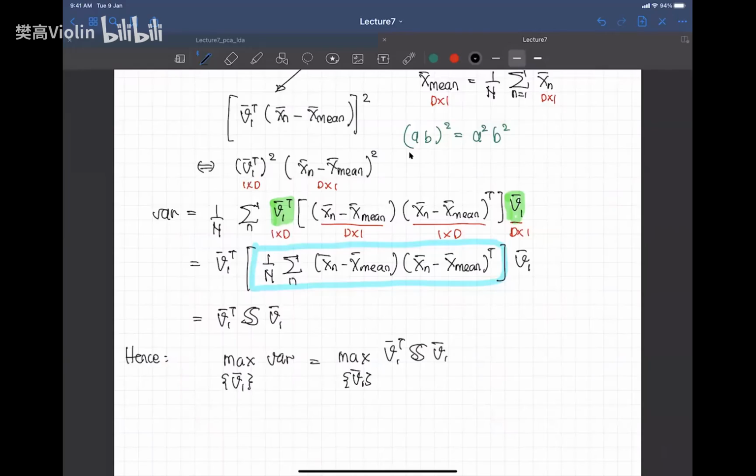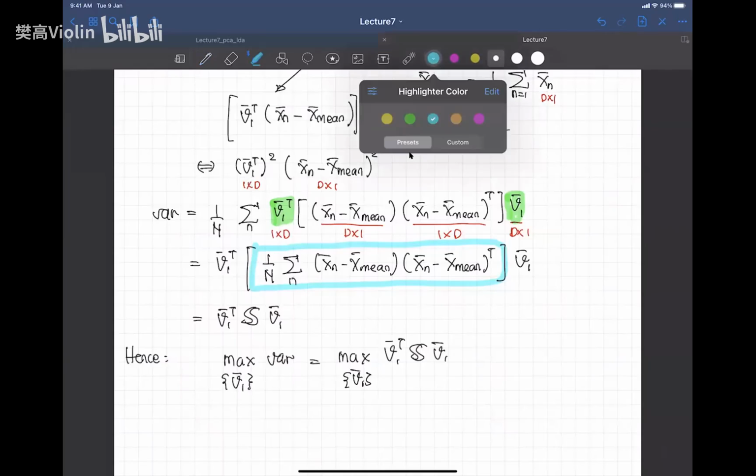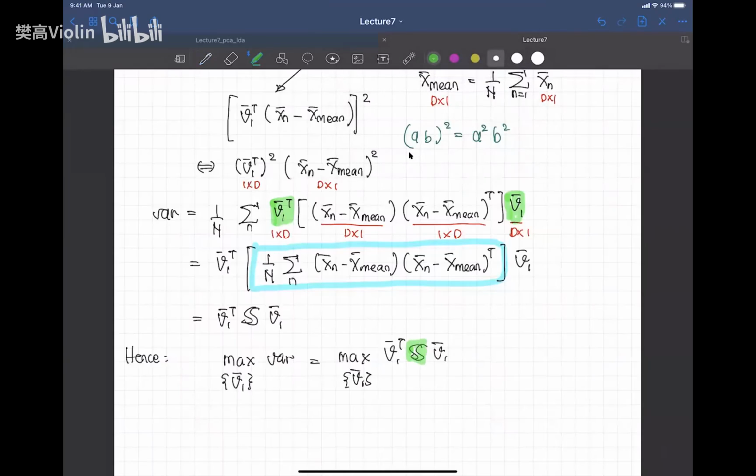So these variables here, S is known. V1 is unknown. V1 is actually the output that we want to have.